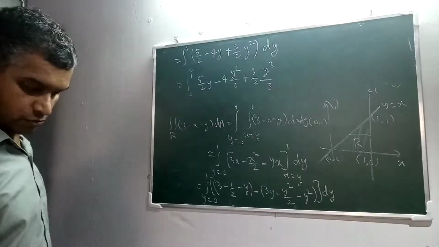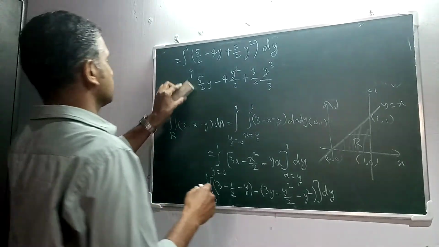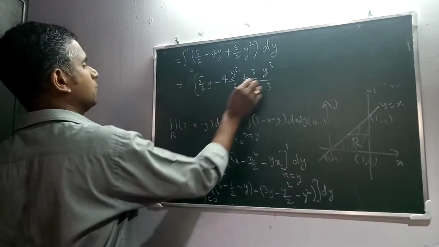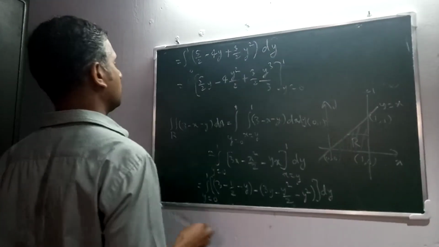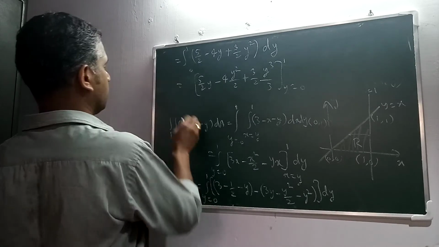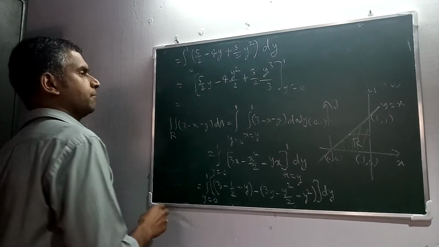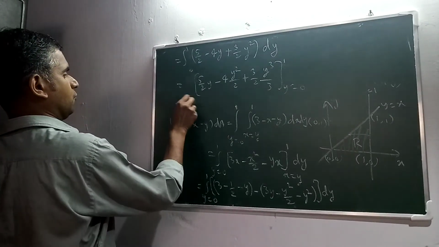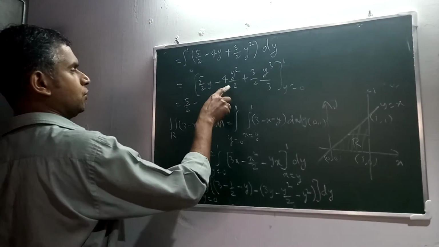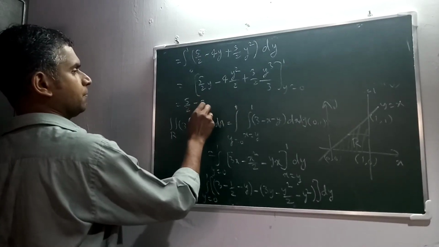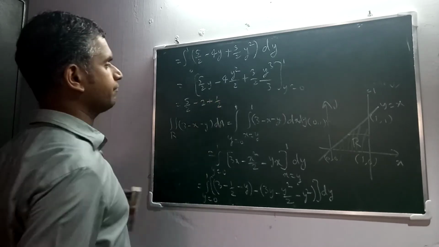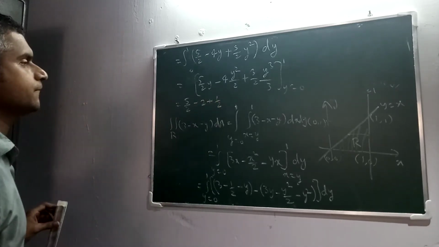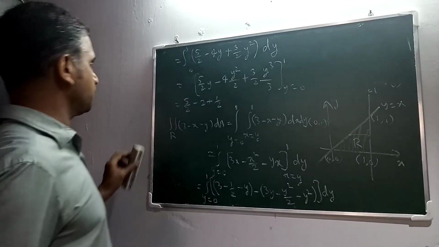Okay, so you have to substitute the limits. Y is equal to 0 to 1. So what will I get? 5 by 2 minus 4 by 2 is 2 plus 1 by 2, and in the lower limit you will get 0.